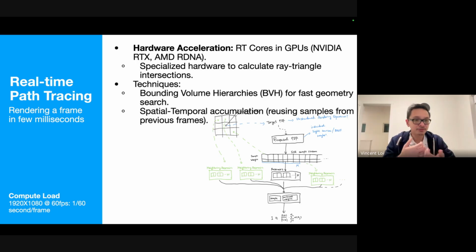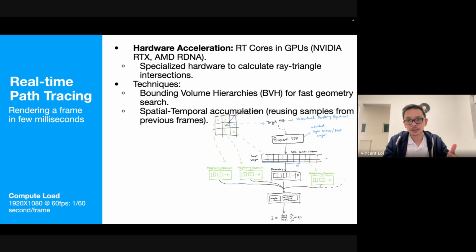So real-time path tracing is possible now, because of the hardware acceleration and the advancement of the latest GPUs launched by NVIDIA or AMD or other manufacturers. That actually makes real-time path tracing possible, and also some of the cutting edge algorithms for real-time path tracing make it possible.